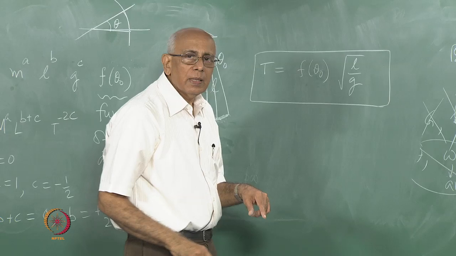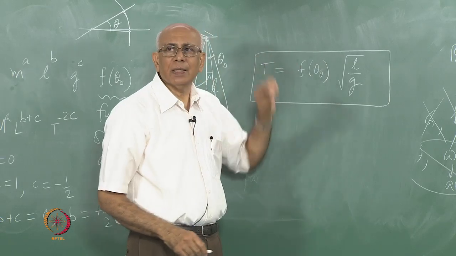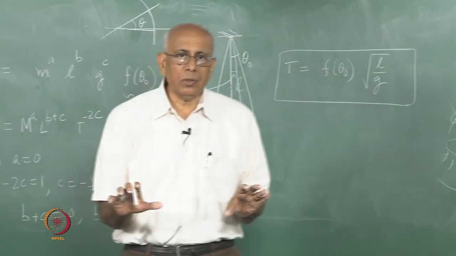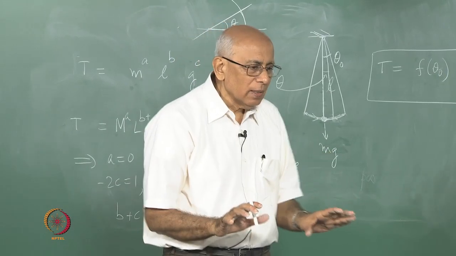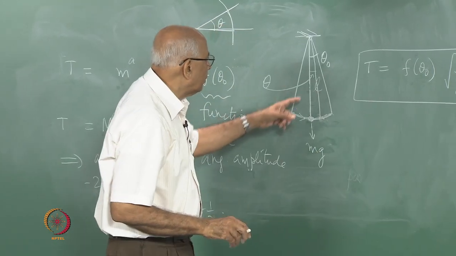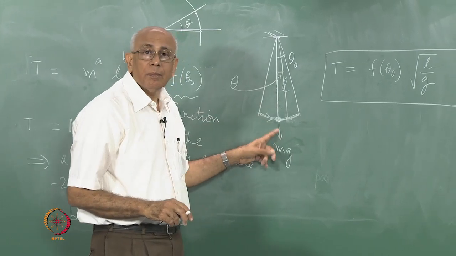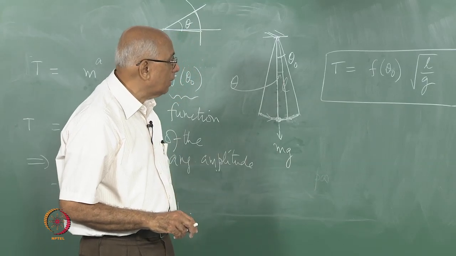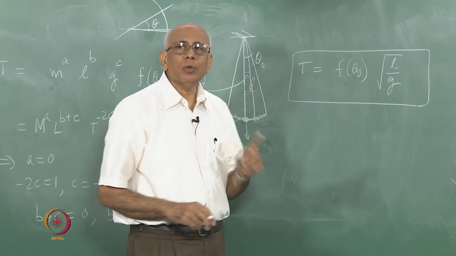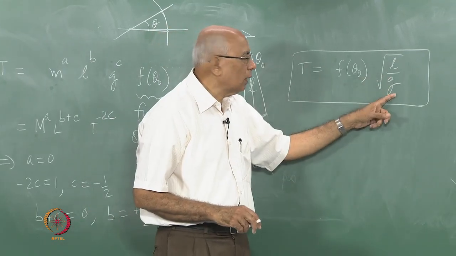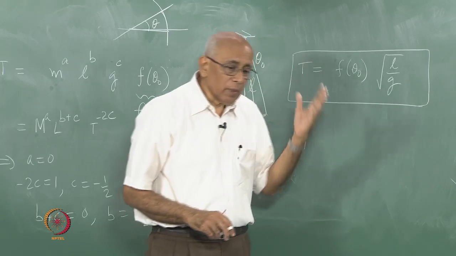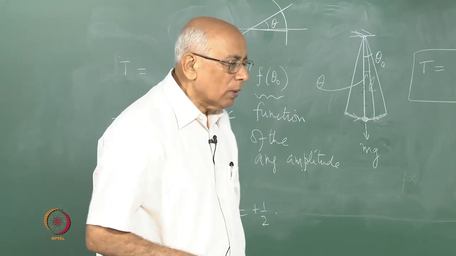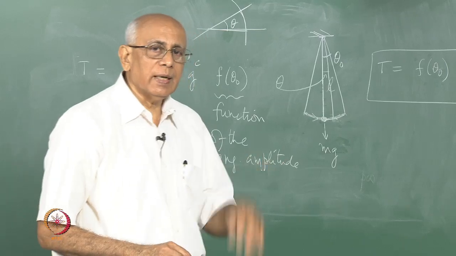But the crucial point is that no matter what this function is, the consistency of physical dimensionalities on both sides of this equation says that given a simple pendulum of length L and mass m and gravity little g, the time period has to be proportional to the square root of L over g multiplied by some number which is possibly a function of the angular amplitude. Okay. Now the next time we will see what we can say about this number.